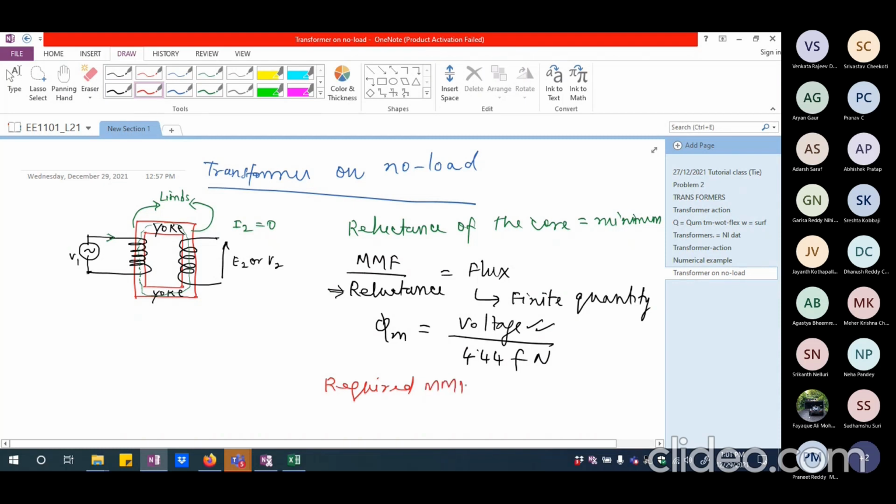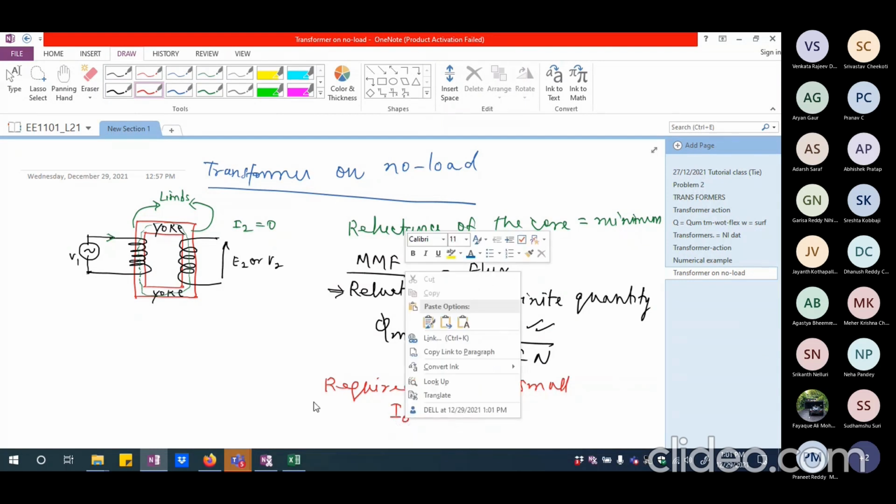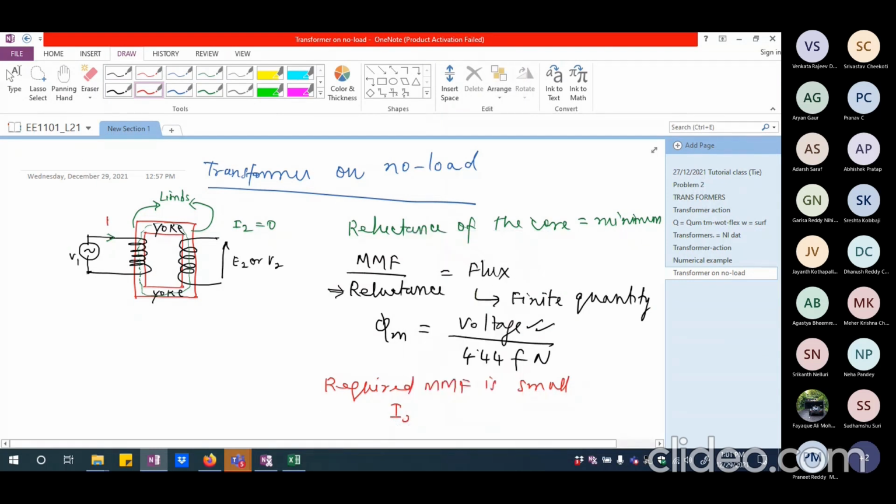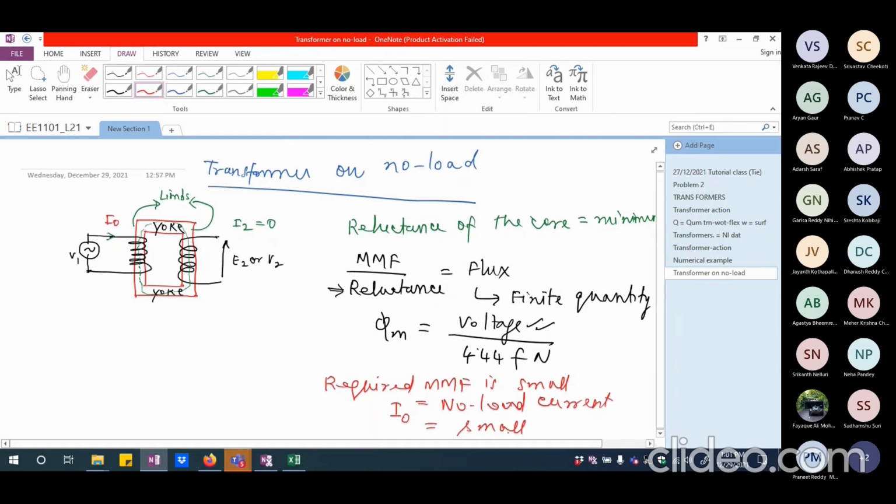Which means the current required under no load condition, just to establish the flux, I call this current I0, or the no load current of the transformer. That is going to be really small because of this reason. So that current mainly establishes the flux in the core.